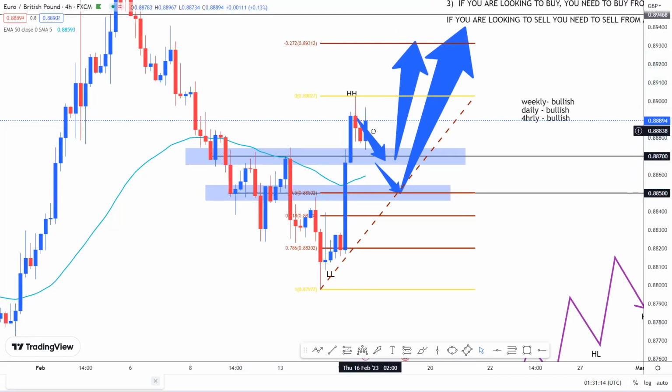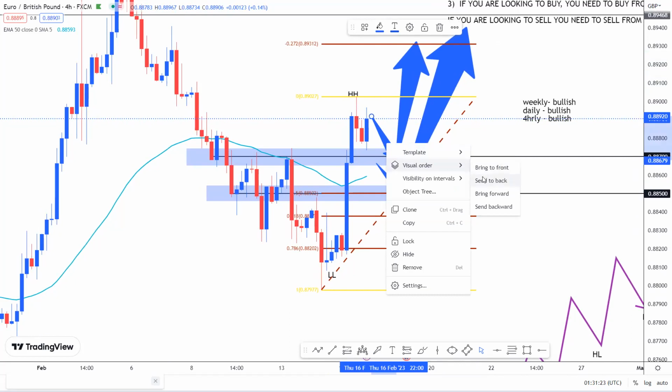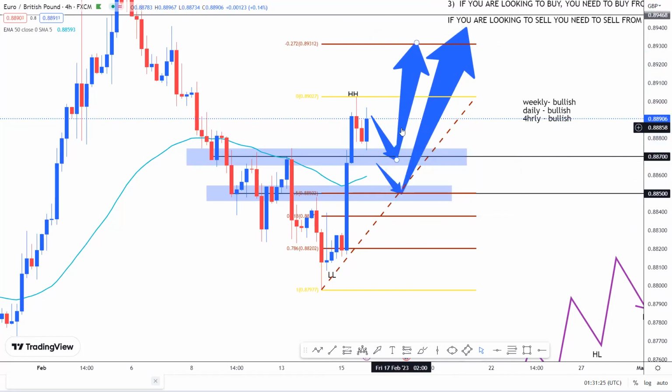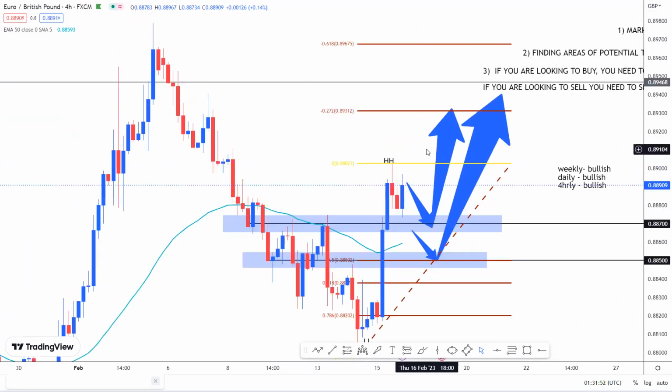And this is where we would then expect price to come and retest the exponential moving average, retest this key level somewhere around 88,500 psychological round number, retest also the Fibonacci 50.0 strong reversal zone for the potential buying opportunities all the way backwards to the upsides.